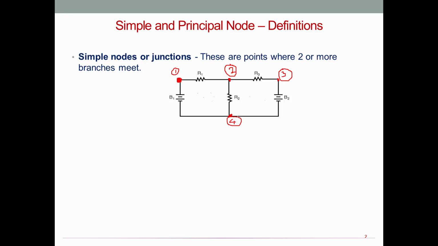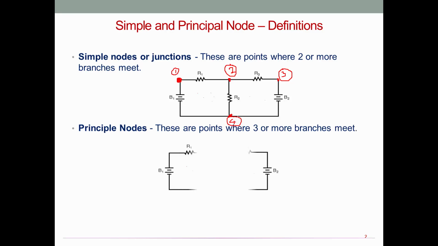But while solving nodal analysis, we are supposed to use principal nodes. These are the points where three or more branches are meeting at a point. I am taking the same example. Let us find out principal node. I cannot say this is a principal node since only two branches are meeting.